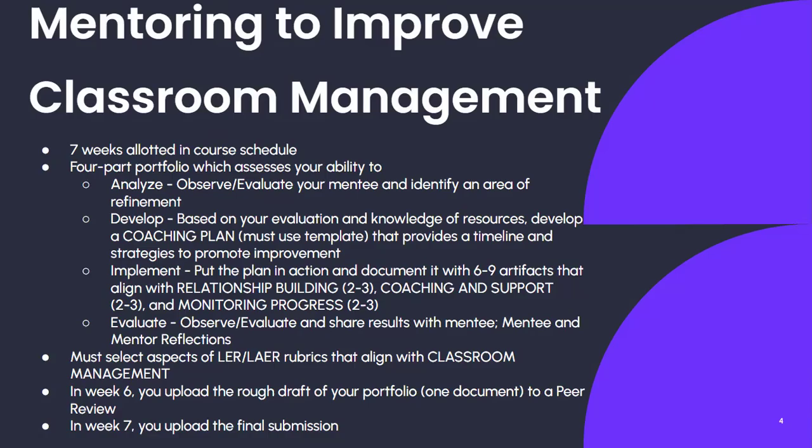The third part of the portfolio is called the implement part. You put the coaching plan in action with that mentee. Have a conference, you review it with them, and then you're documenting what you do over time. So a couple of weeks, you'll go in and do an informal evaluation. You might go in and actually model for them how to do attention, 1, 2, 3, or whatever strategy it is you're doing.